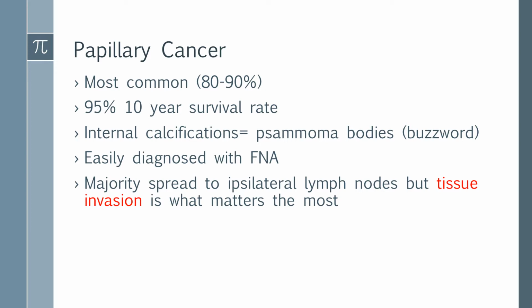Those are the four that give you psammoma bodies. The majority spread to the lymph nodes, so by the time you feel the node and do a biopsy, there'll be a lymph node metastasis. But remember, in other types of cancer metastasis determines prognosis. Here, it's how much it invades into the thyroid tissue rather than metastasis.